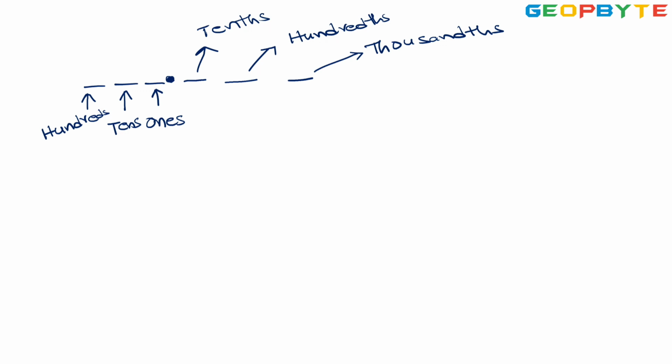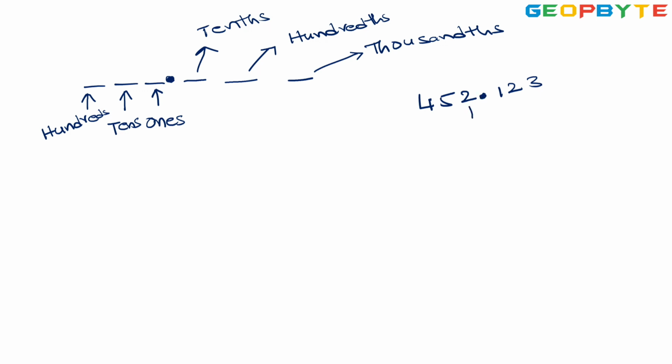Right. Now, let us consider we are having 452.123. This is a decimal number. In this decimal number, this is a decimal point.